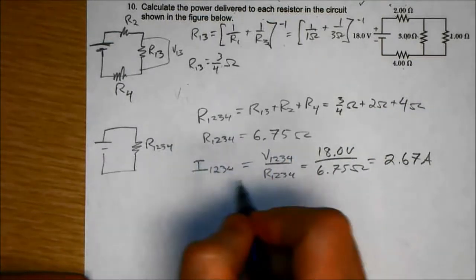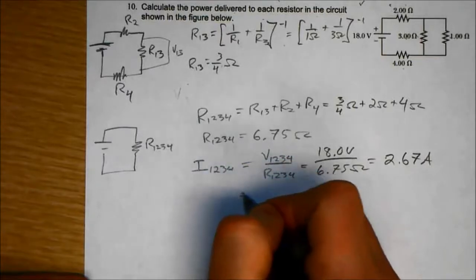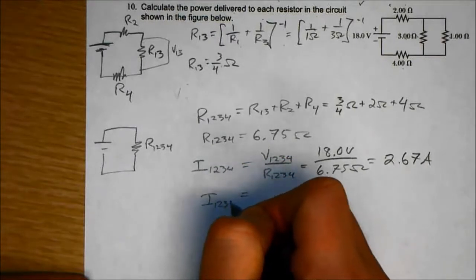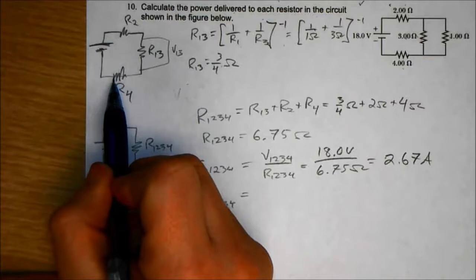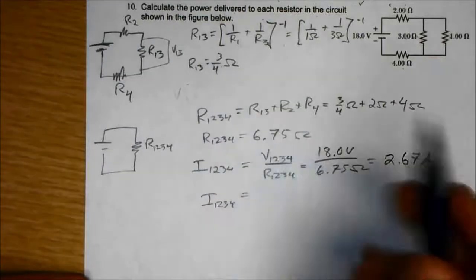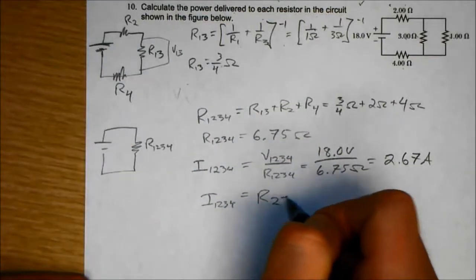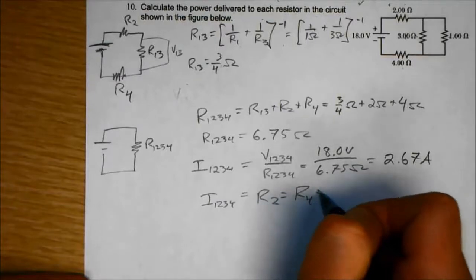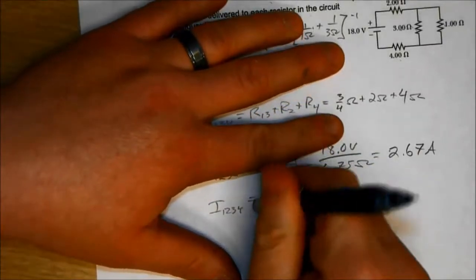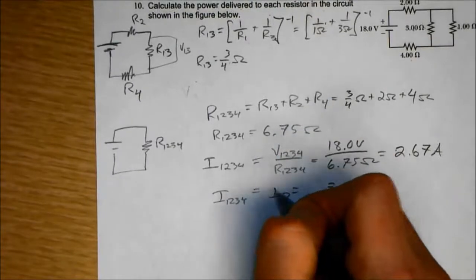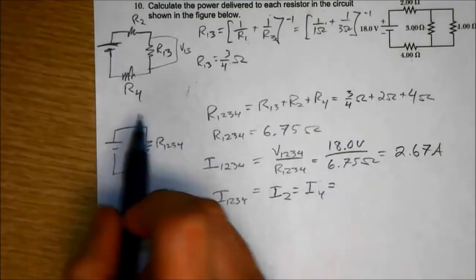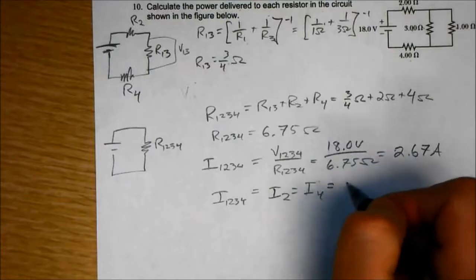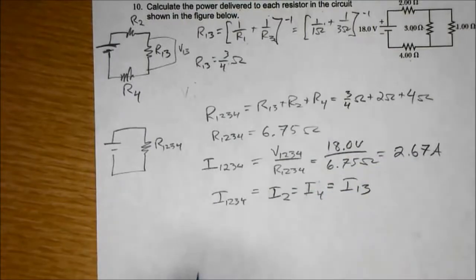And we will also note that this current, I1234, because all of these are in series, all of these have to be the same. So that equals I2, equals I4, and equals I13.